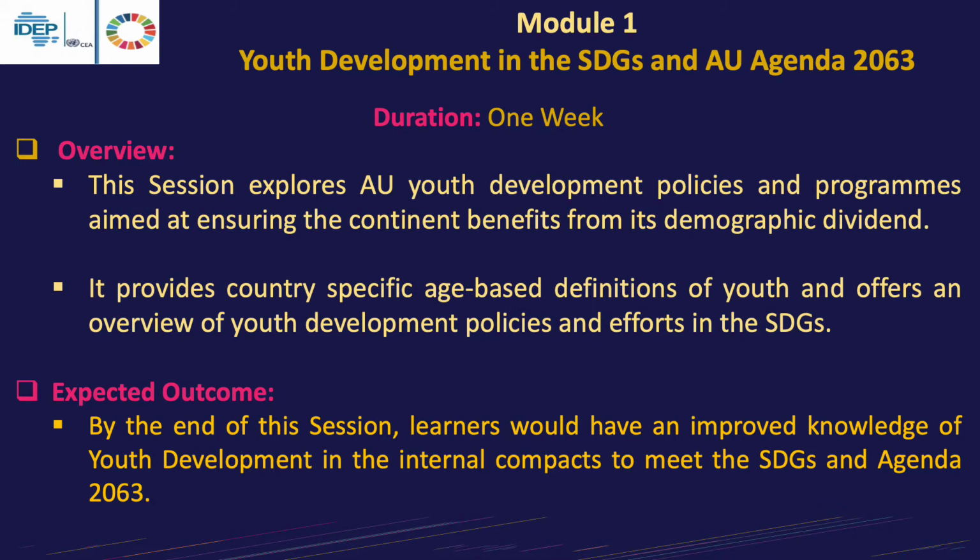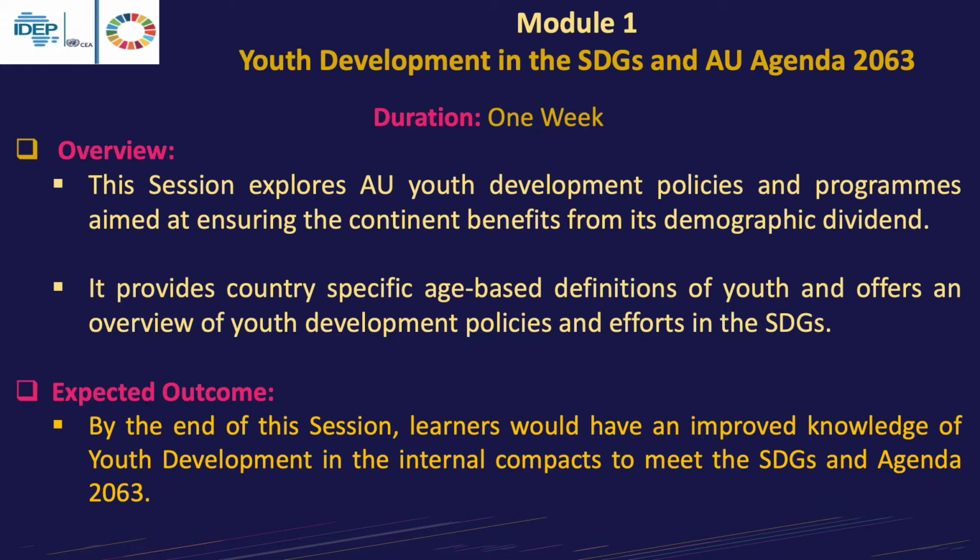So for Module 1, we will be focusing on youth development in the SDGs and AU Agenda 2063 within this week. This session will explore AU youth development policies and programs that are aimed at ensuring that the continent benefits from its demographic dividend, and will also provide country-based definitions when it comes to young people and offer an overview of youth development policies and efforts that have taken place within the mandate of the SDGs.